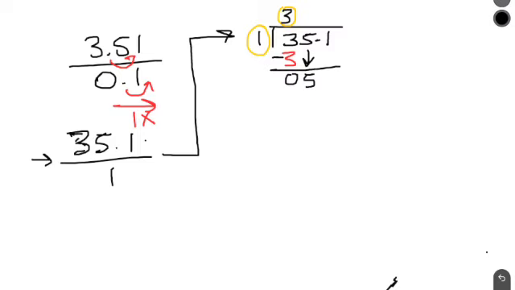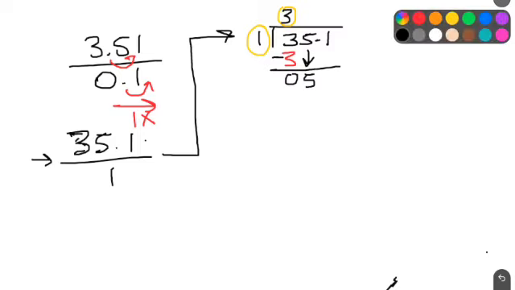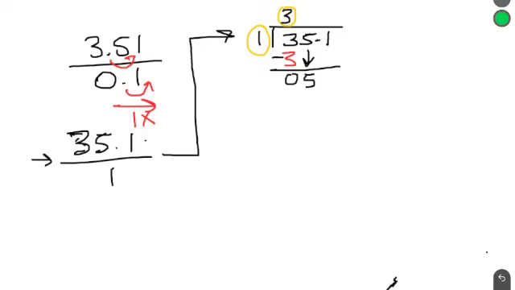And then our new problem, we ask, 1 times what number is equal to or less than 5? We find out that the answer is 1 times 5 is equal to 5. Put a minus sign. 5 minus 5 is equal to 0.